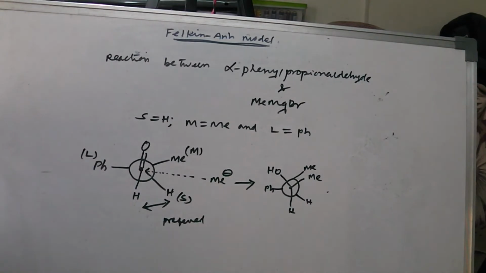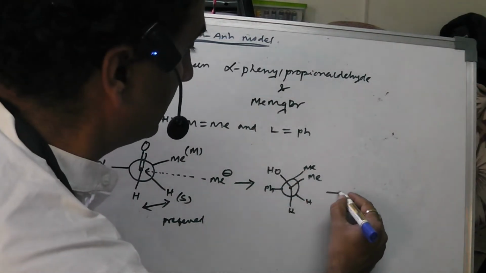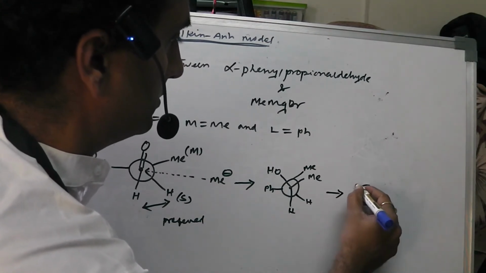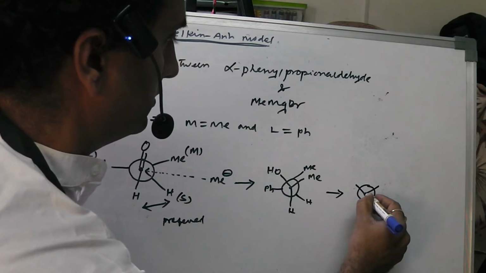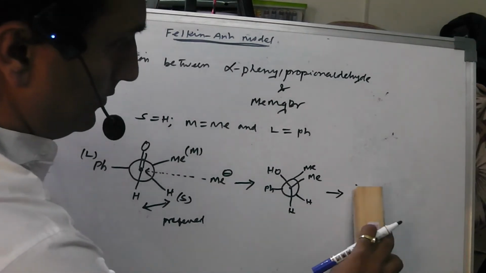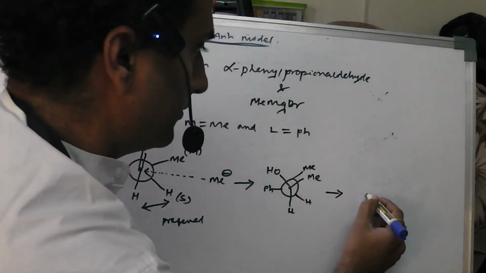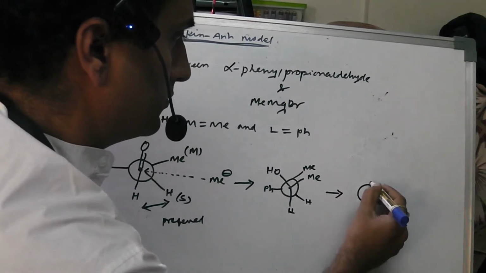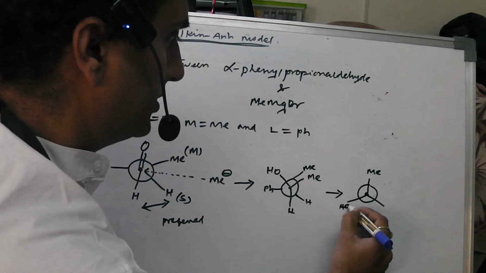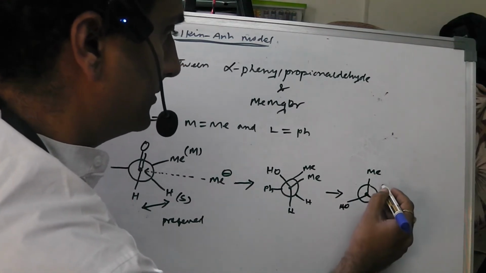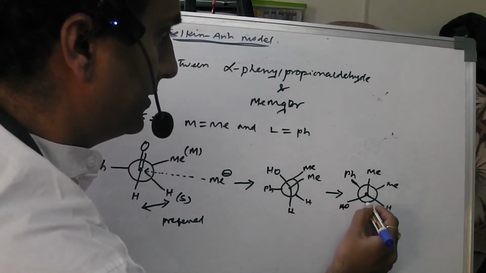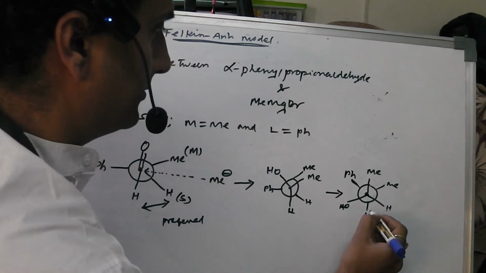So we have to rotate the structure in such a fashion that we arrive at the Newman staggered form: Me, OH, hydrogen, and here Me, Ph, and hydrogen.